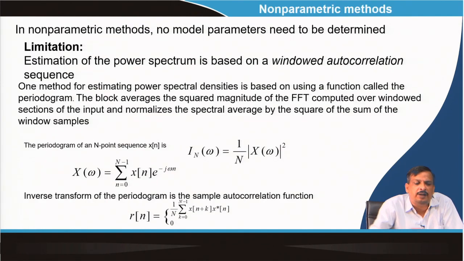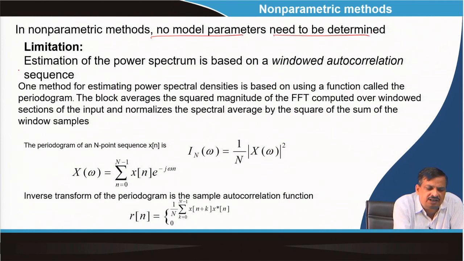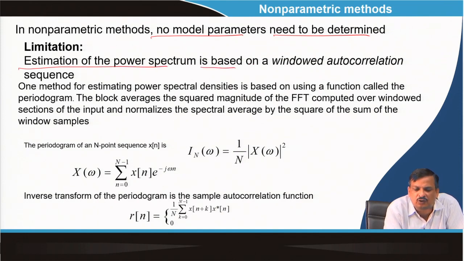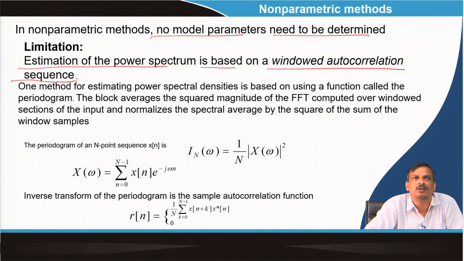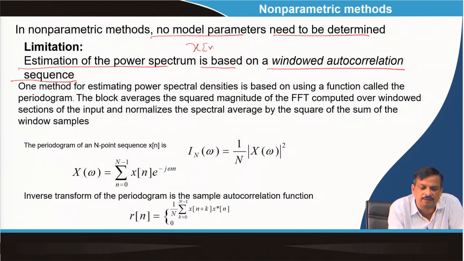So, what are the non-parametric methods? No model parameters, no model is used. What is the limitation? Estimation of the power spectrum is based on the windowed autocorrelation sequence. What is the meaning? I have an x of n. In non-parametric estimation, I am not modeling that x of n.